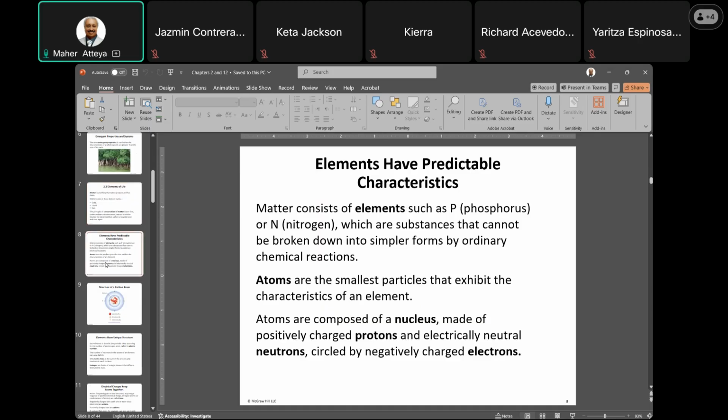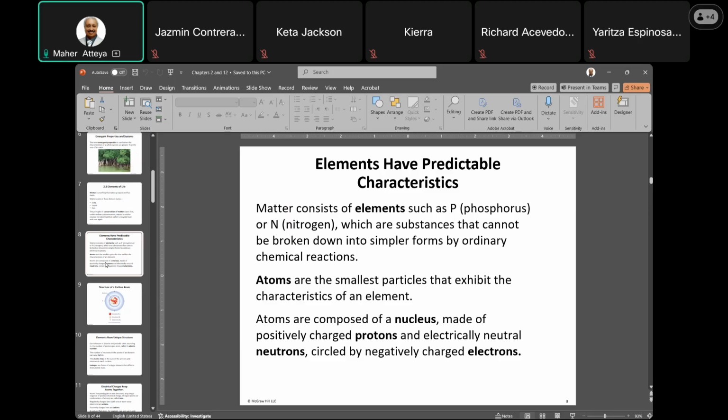It's a combination of elements that have fixed composition: 2 atoms of hydrogen and 1 atom of oxygen. The atom is the smallest unit of a pure substance that cannot be destroyed, rather, can be destroyed only by nuclear means. If I bombard an atom, then this atom will be broken. Atom is the basic unit of an element.